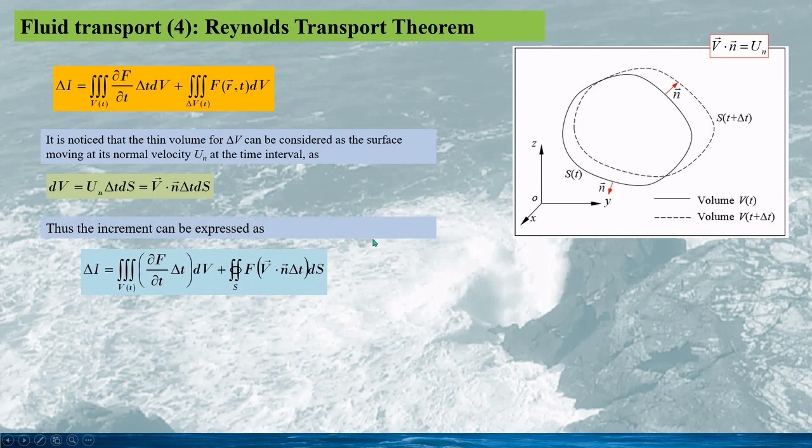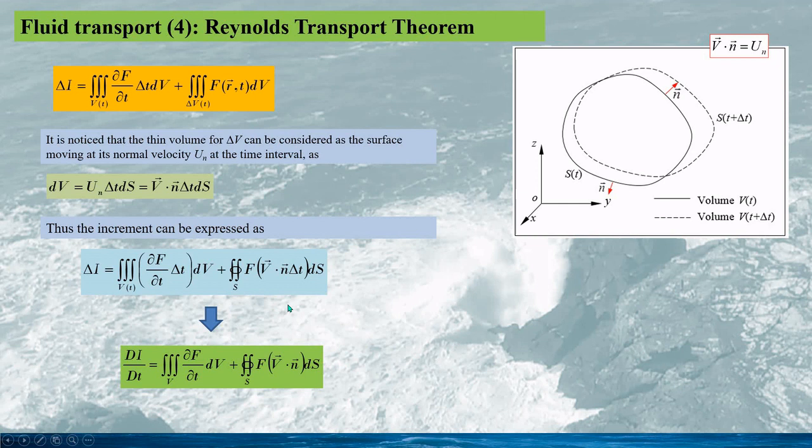Therefore, we can change the integral on delta V into the integral over the surface S as this. Now we can obtain the time rate of change of the defined quantity I as this. This is known as the Reynolds transport theorem.